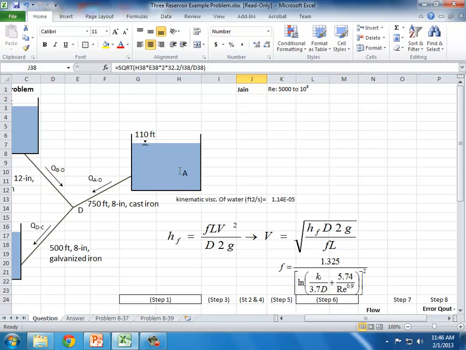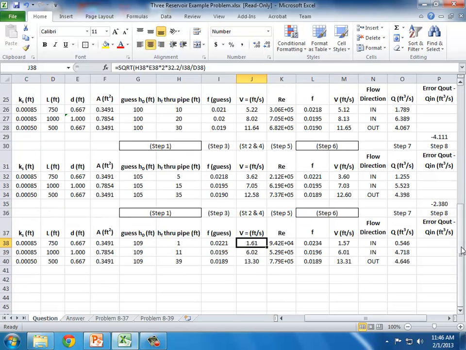I haven't gone above the water surface at A, and so the flow rate is still going from A towards D. So all the flow direction guesses are correct. There's really nothing we need to do. The F value is referencing the most recent value of F from the previous iteration, which is fine.